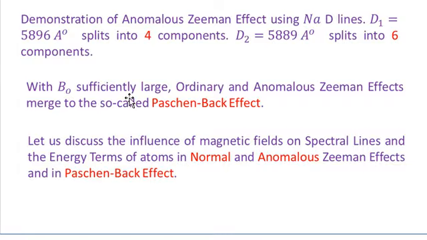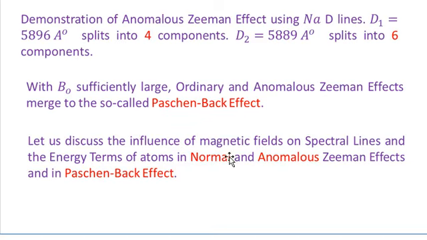But when B naught is sufficiently large, ordinary and anomalous Zeeman effects merge to the so-called Paschen-Back effect. So the Paschen-Back effect could be observed under the condition that the magnetic field is sufficiently large, and the ordinary and the anomalous Zeeman effect will merge together to give you the Paschen-Back effect. This will be explained in the next lectures.